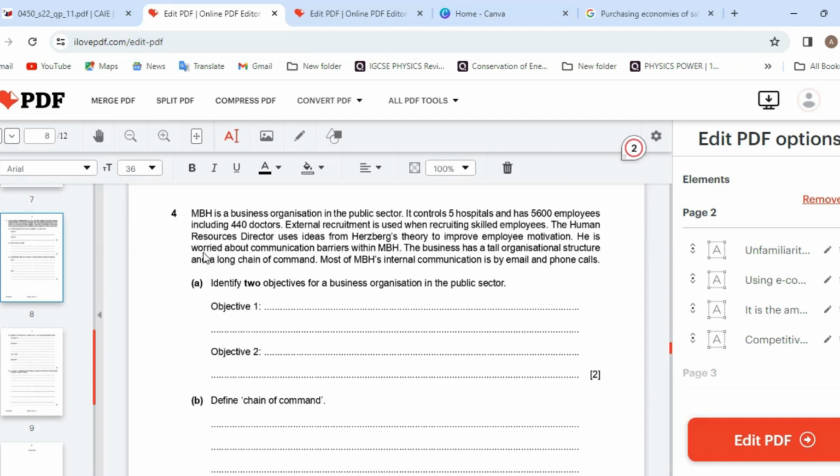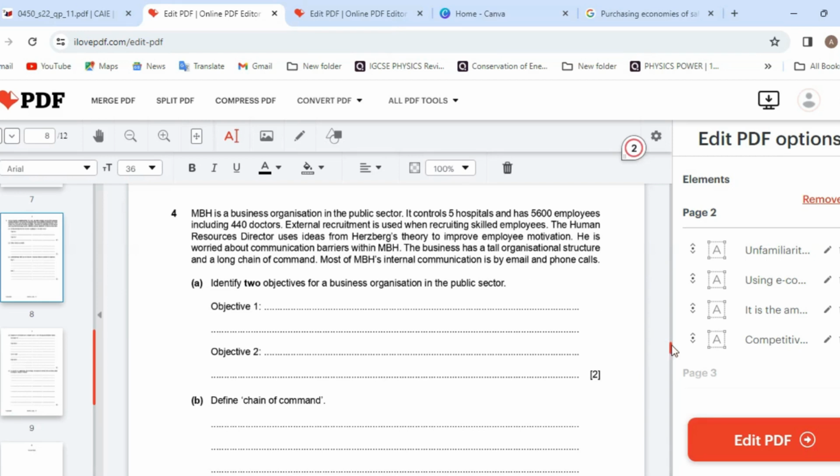The Human Resources Director uses ideas from Herzberg's theories to improve employee motivation. He is worried about communication barriers within MBH. The business has a tall organizational structure and a long chain of command. Most of MBH's internal communication is by email and phone calls. Now we are going to use this appendix throughout question 4.